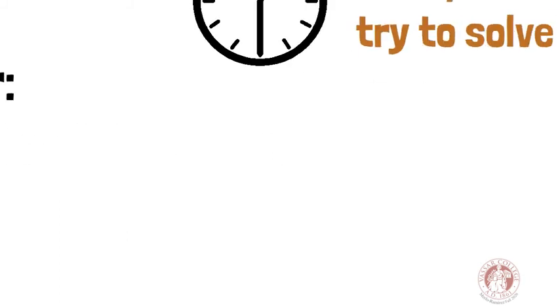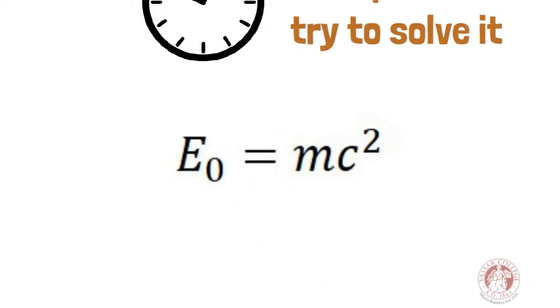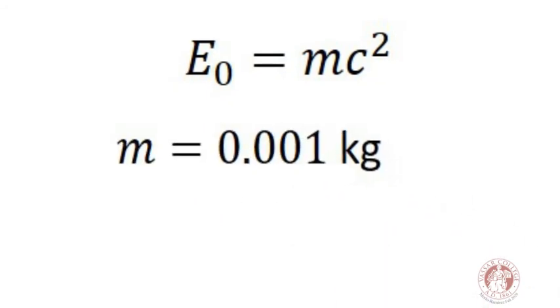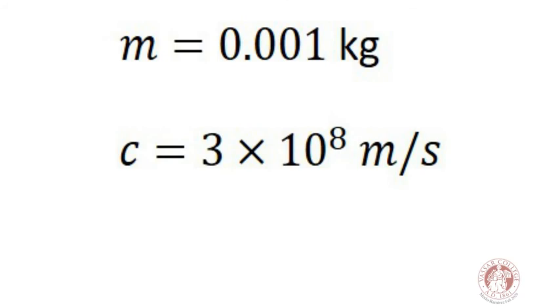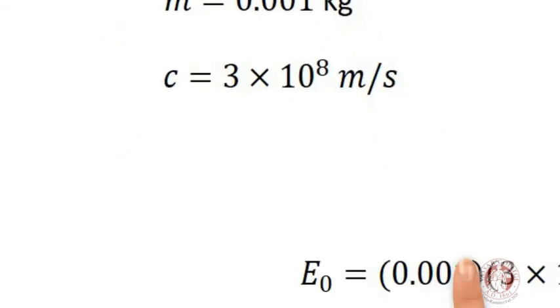Answer. We know that the total relativistic energy for a body at rest is the following. Using the mass in units of kilograms and the speed of light in meters per second, we get. Then, the total relativistic energy at rest is.